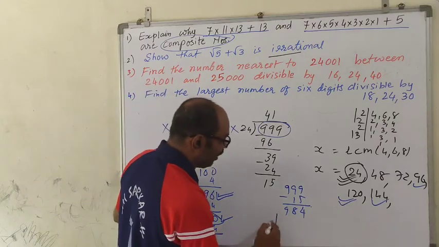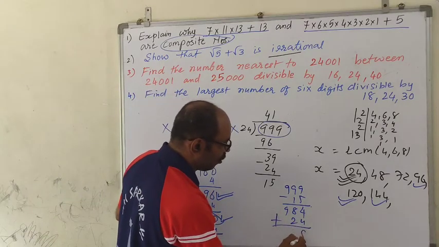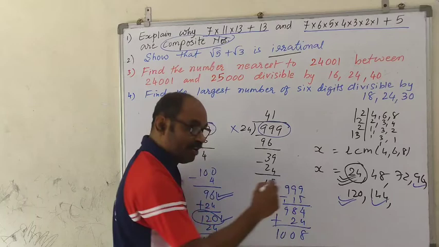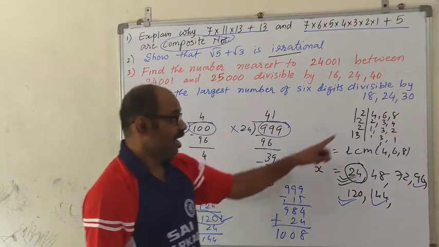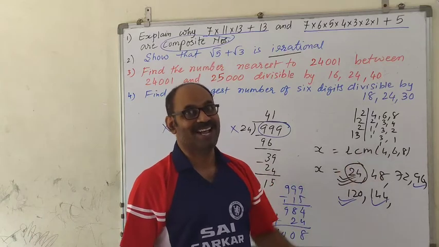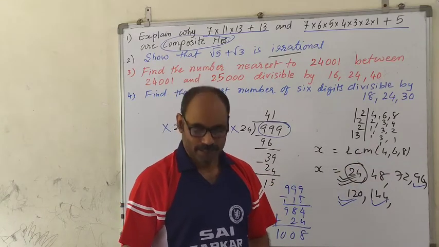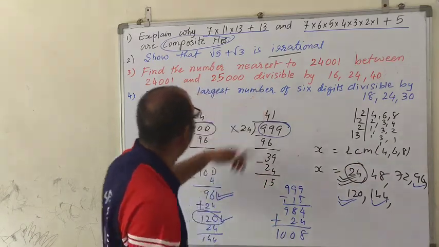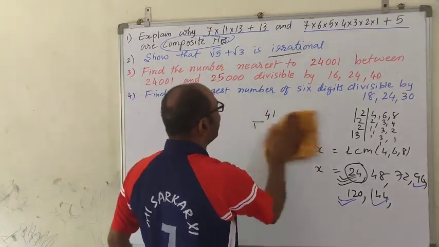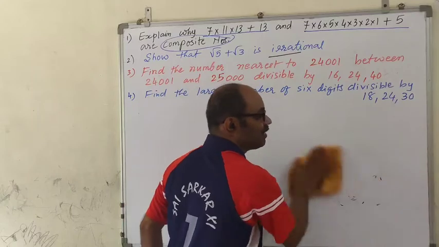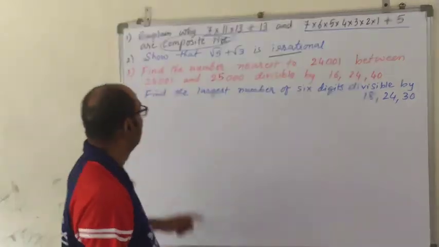Now if I add 24 to this, it becomes 1008, and it is a 4-digit number. And this is the smallest 4-digit number exactly divisible by 4, 6 and 8. Are you getting me? Something similar is here. I hope you understood. Of course, it is a little bit difficult, but once you understand, it's very easy.